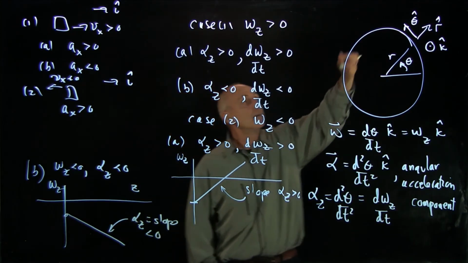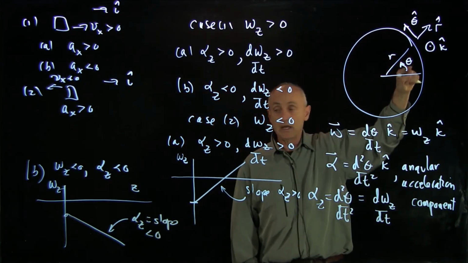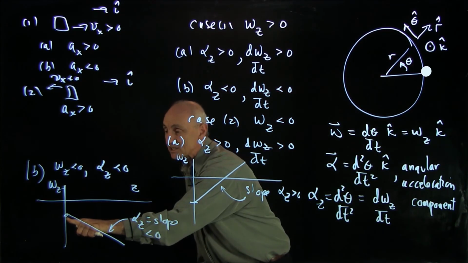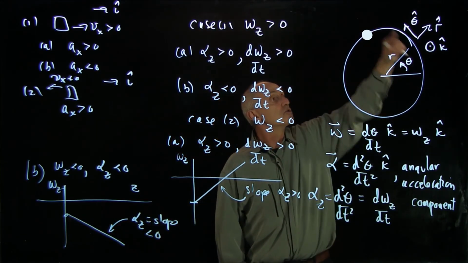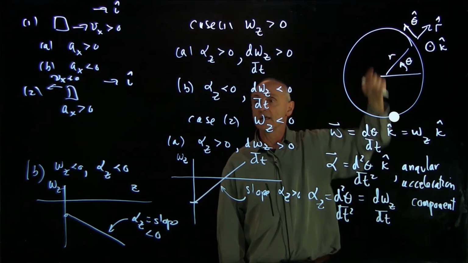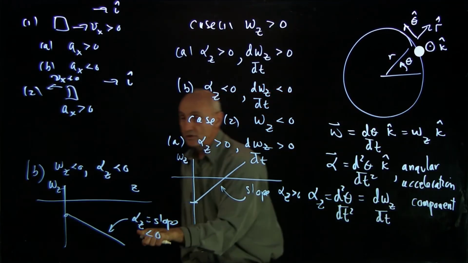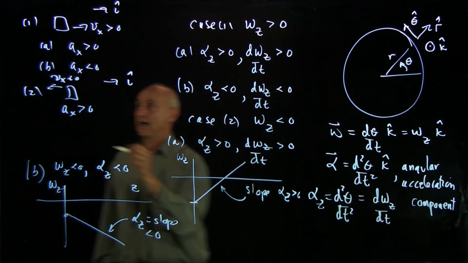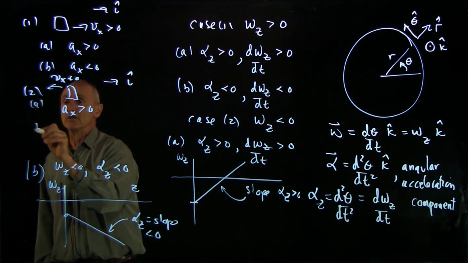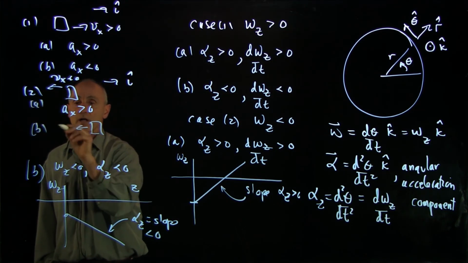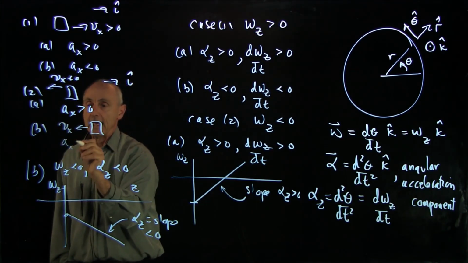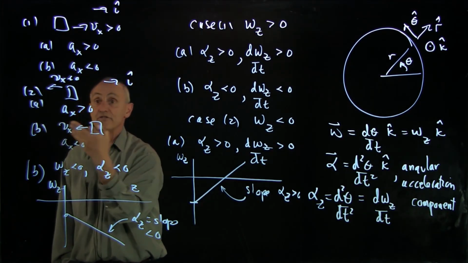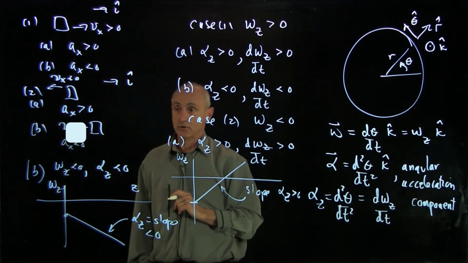This corresponds to an object moving in the clockwise direction, and actually its speed is increasing because alpha z is negative. So it's going faster and faster in the clockwise direction. And for our linear case, again, this corresponds to an object moving in the negative x direction, and ax is negative. It's moving faster in the negative x direction.